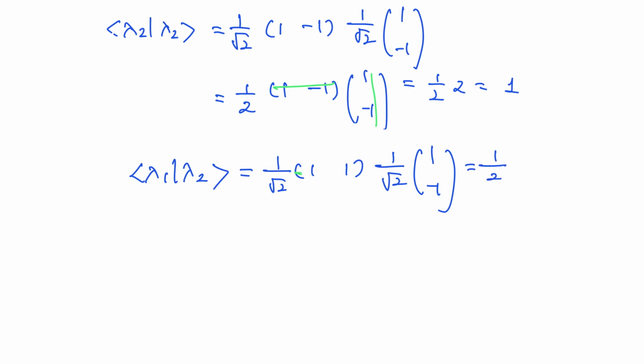And if you multiply this and this, what do you get? 1 minus 1 is equal to 0, right? Very good. 0. How about if we have an order interchange, lambda 2, lambda 1, which is the same as lambda 1, lambda 2 complex conjugate. And this is a real number, so the complex conjugate is the same as itself, which is 0.